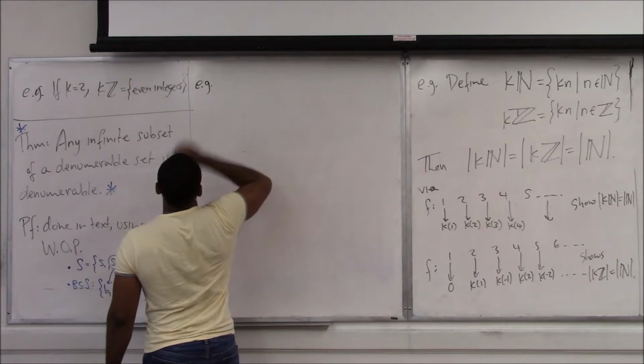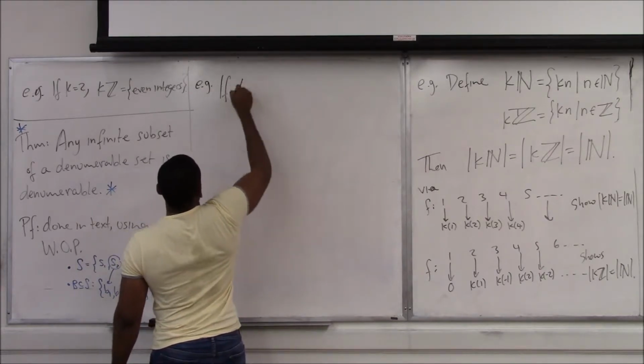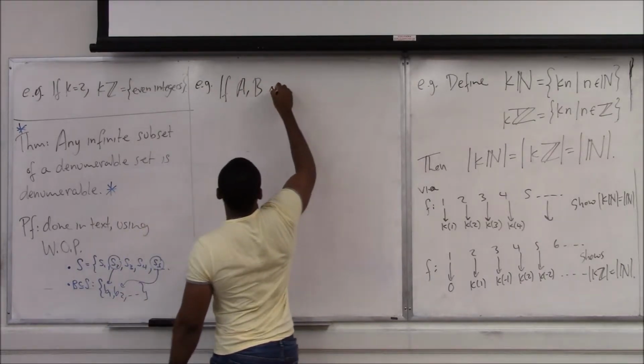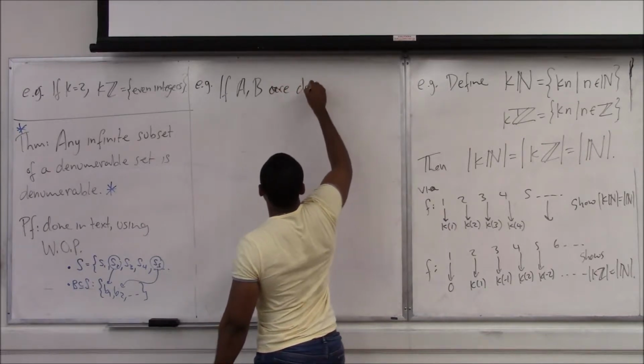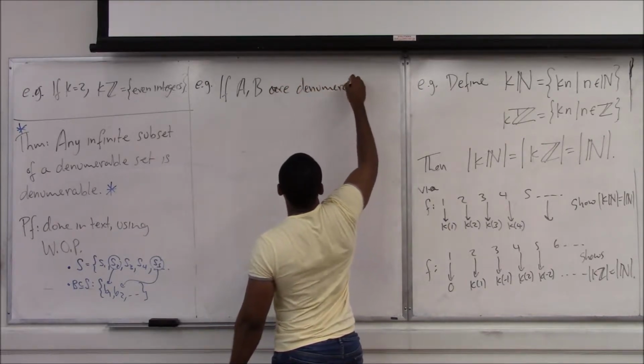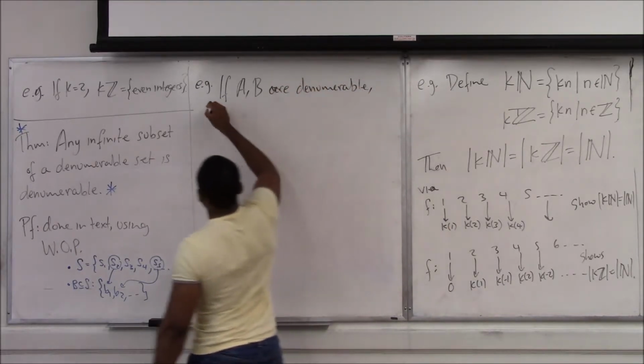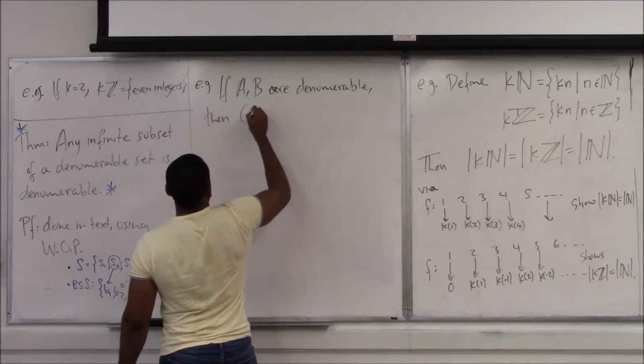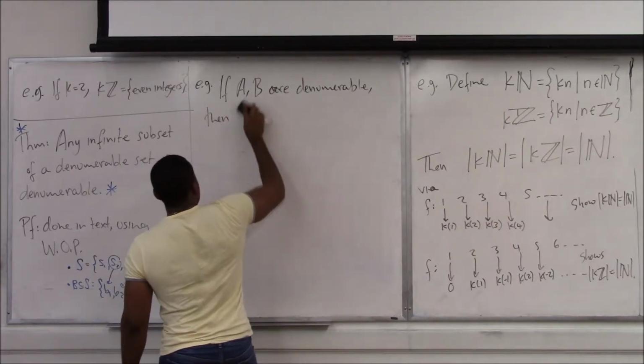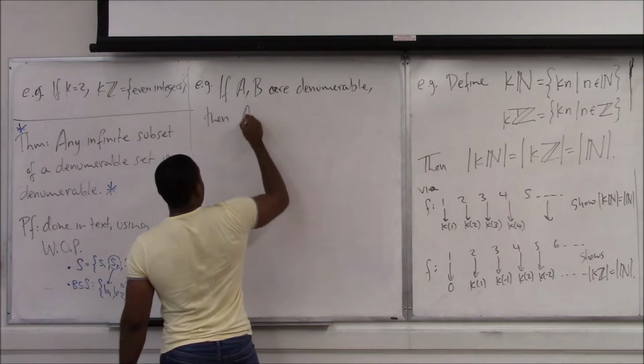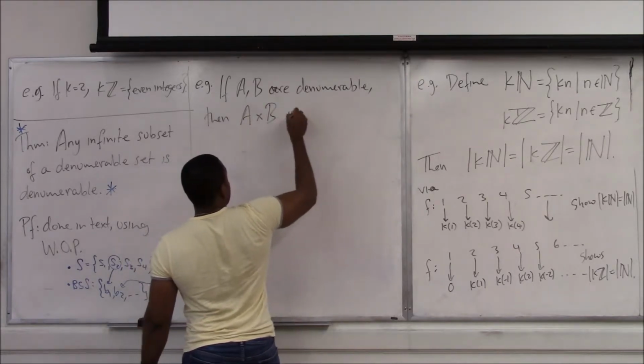Another example, I think this is also done in the book. If A and B are denumerable, then A cross B is denumerable.